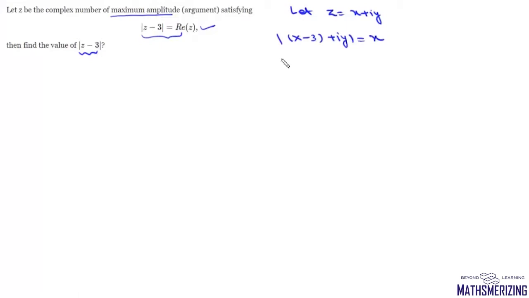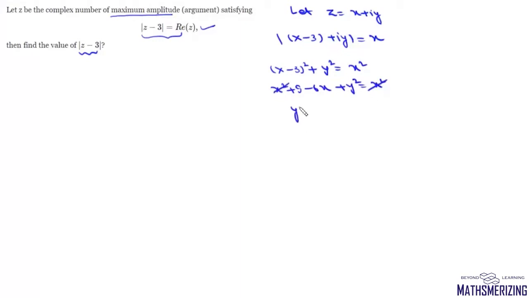So then we can write x minus 3 plus iota y is equal to real part of z, which is x. So we'll find its magnitude and we'll square it. So we'll write (x minus 3) square plus y square is equal to x square. So we'll get x square plus 9 minus 6x plus y square is equal to x square, which will get cancelled.